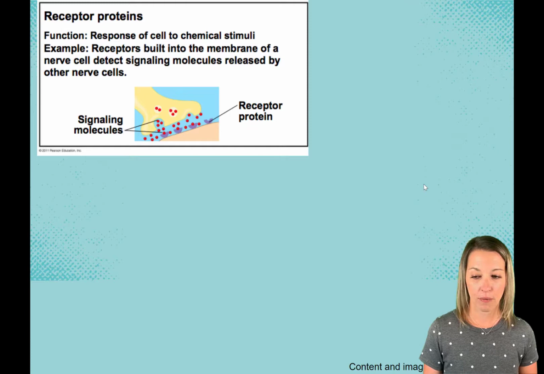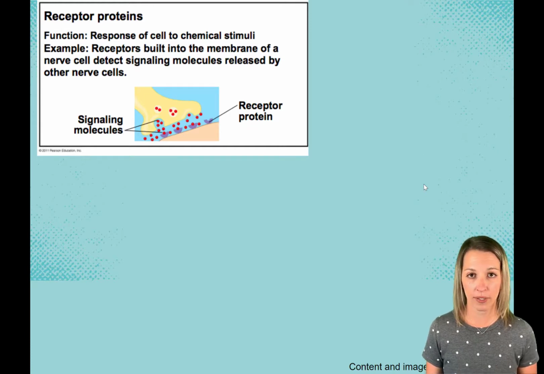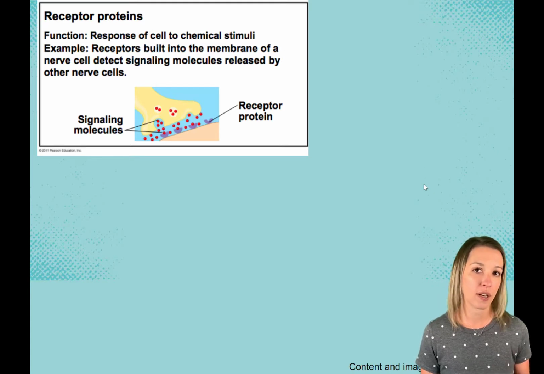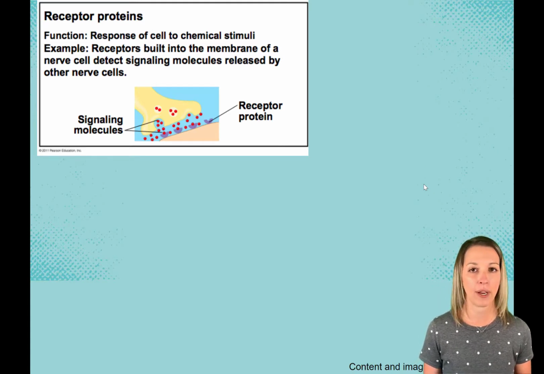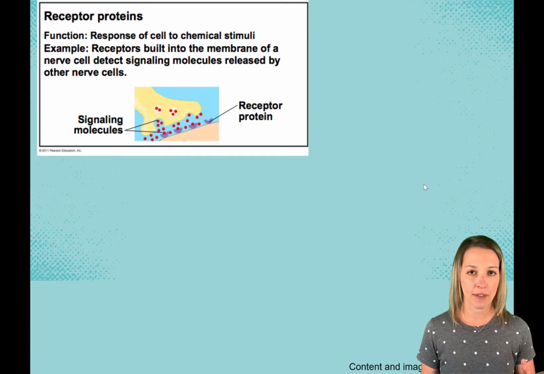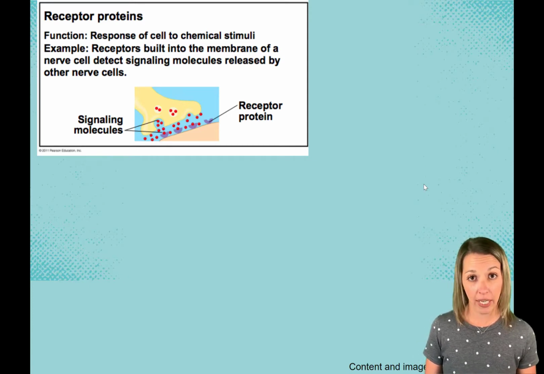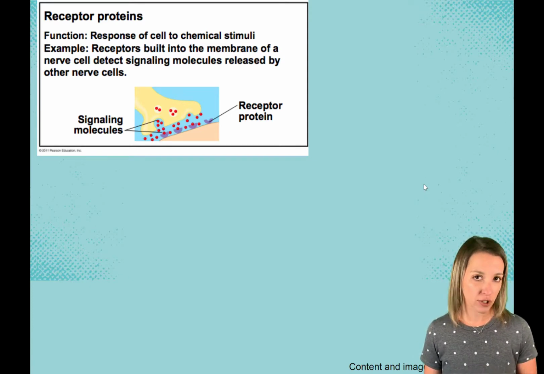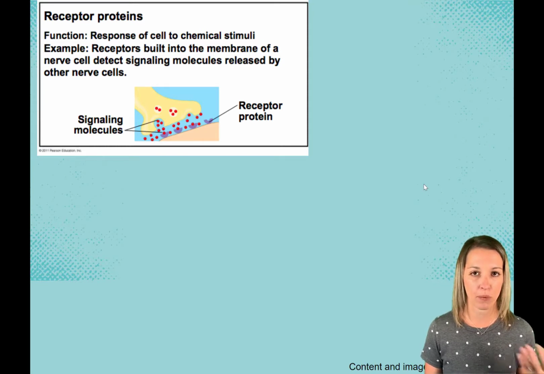We have receptor proteins. So there's a couple of ways that you have these function. Receptor proteins are found on the outside of your cells, embedded in your cell membrane, and they can be signaled by something called a ligand to allow something to enter into the cell or for something to happen to that cell.